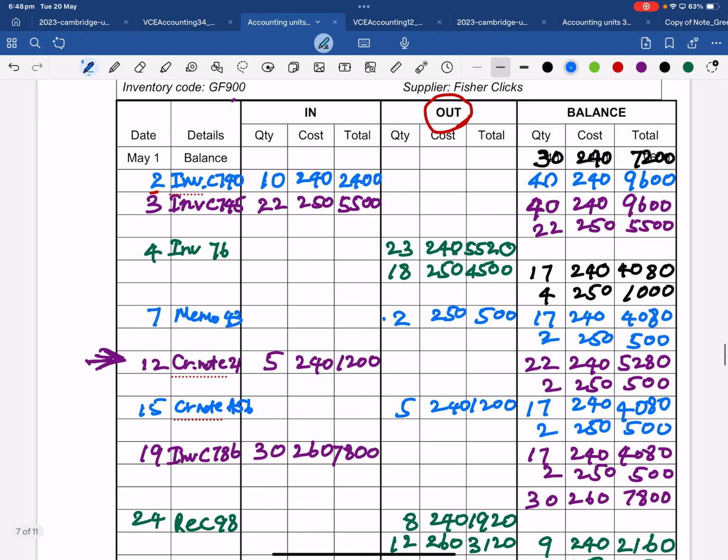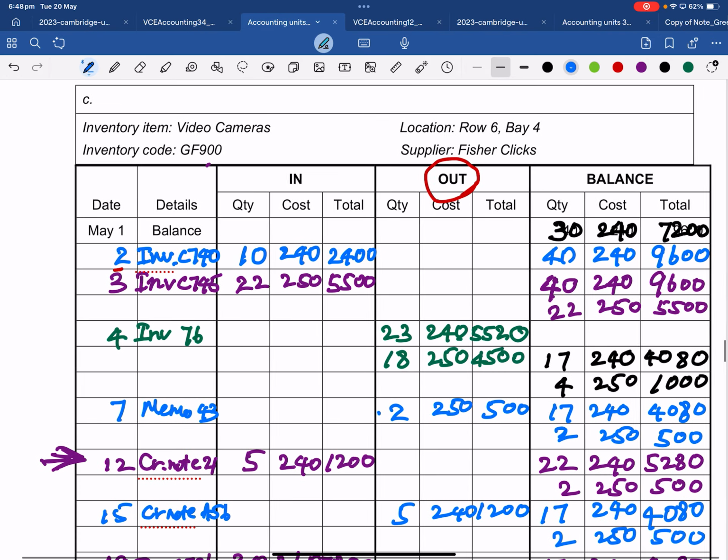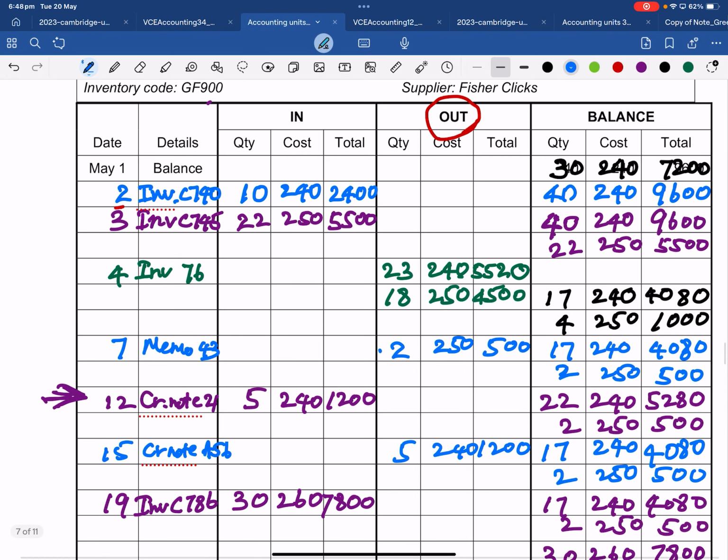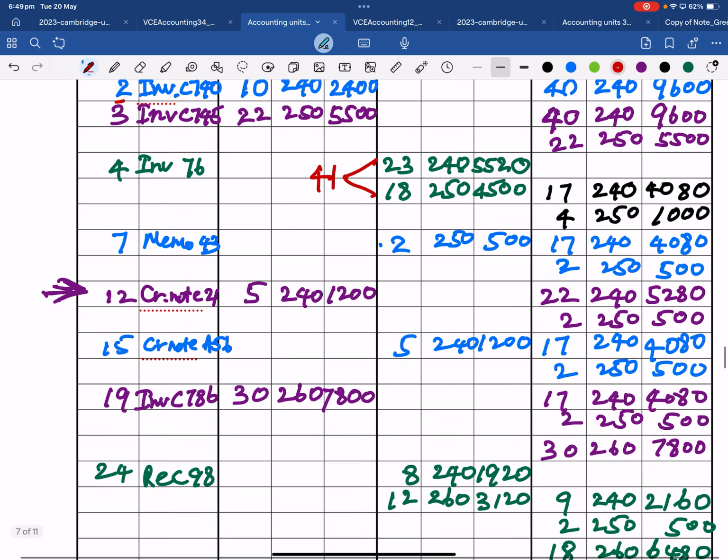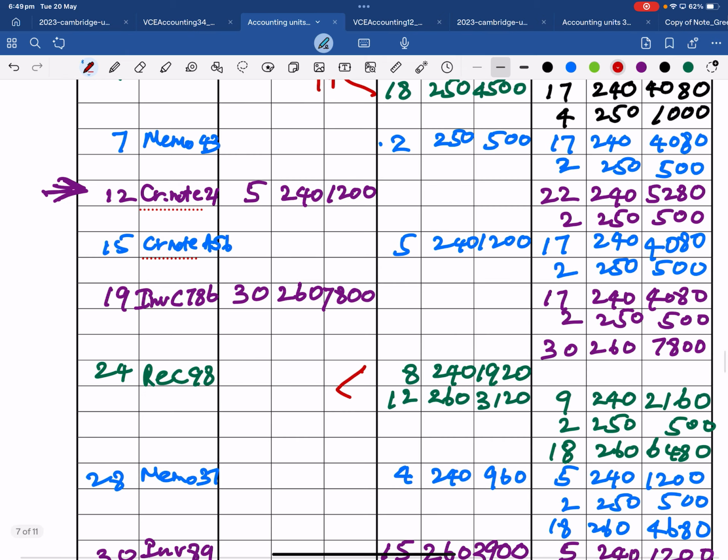In this one, we calculated the cost of sales. Similarly, we have to calculate how many units we have sold. We can take it from the inventory card. Here, how many? 41. Then on the 24th, how many? 20.